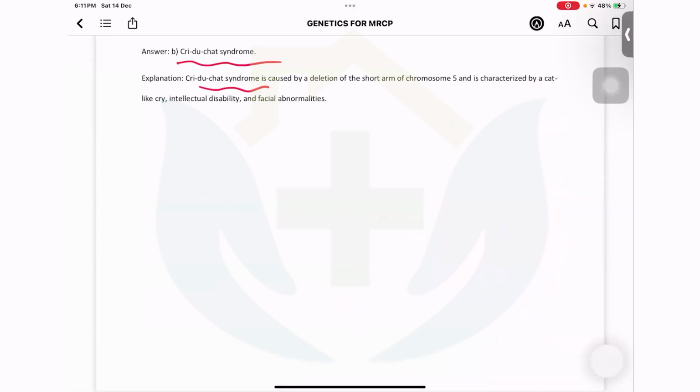It is caused by the deletion of the short arm of chromosome number 5. The children cry like a cat and have intellectual disability because their frontal lobes are small, along with facial abnormalities.